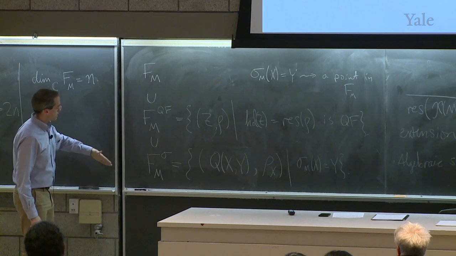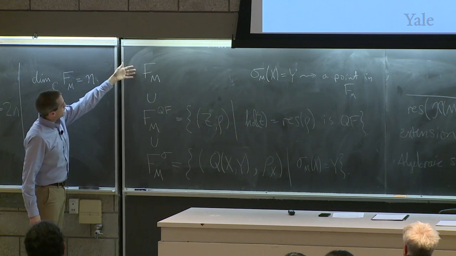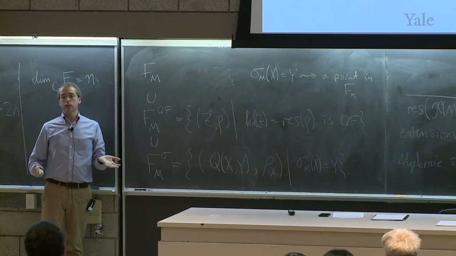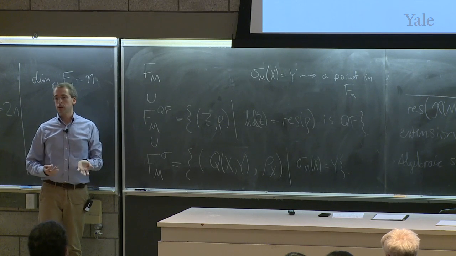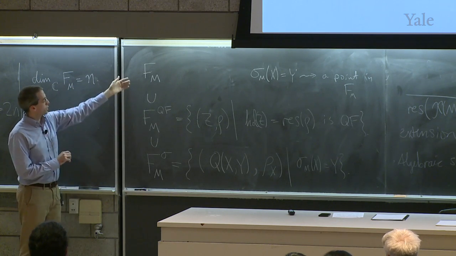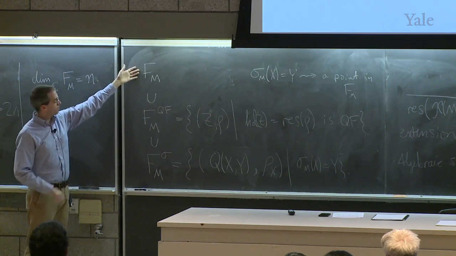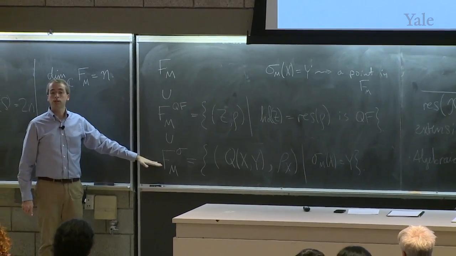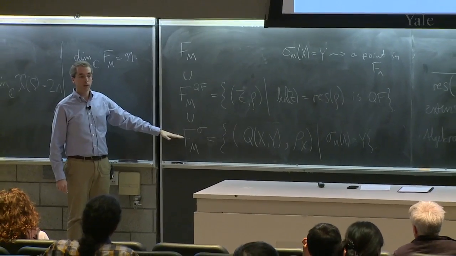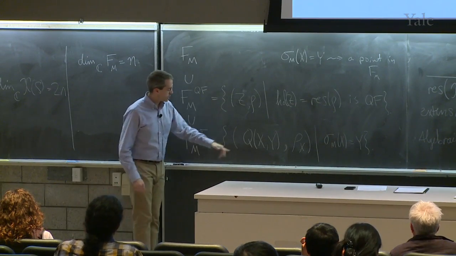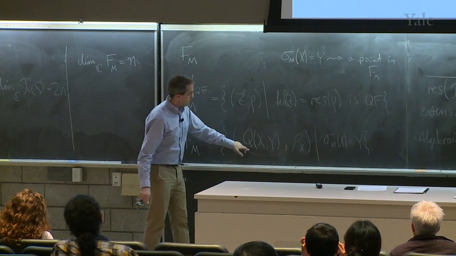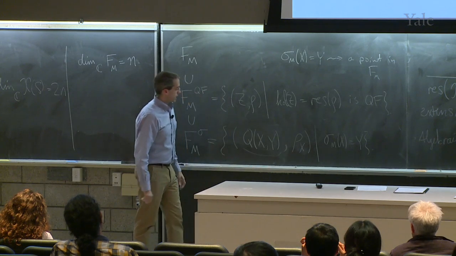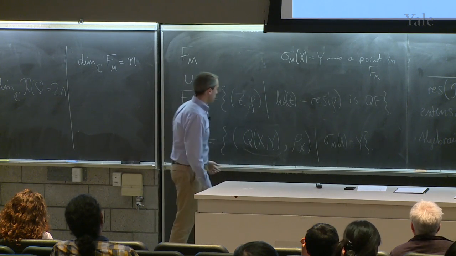All right, this is all to say that Fm is defined by a fairly nice intersection property. Two half-dimensional submanifolds of the character variety. Finding their intersections is equivalent to finding Fm. Down here at the bottom, we have a set that understanding it would be good enough to understand the skinning image completely, because it's the set of pairs of a projective structure on y and a hyperbolic structure on M, where sigma m of x is equal to y.